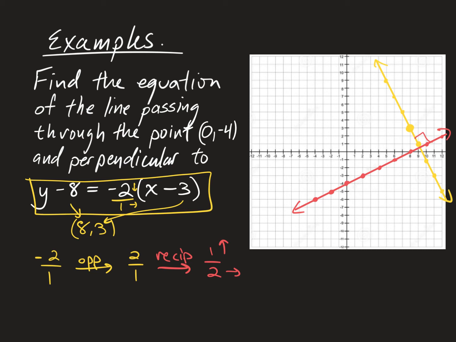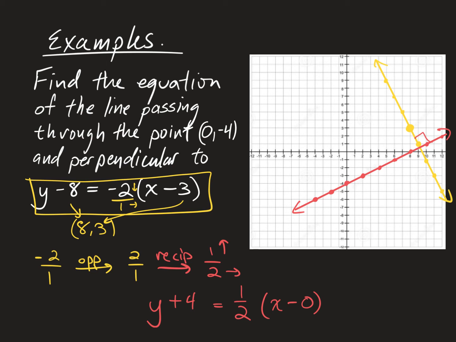So what I suggest you do is go back to the point that was given to you, and we can write the equation of the new line using the point slope form again. So we found the negative reciprocal slope to be 1/2. We can use this ordered pair, 0 and -4. When we substitute those numbers into the actual point slope equation, you'll see it ends up being y plus 4 equals 1/2 times x minus 0.